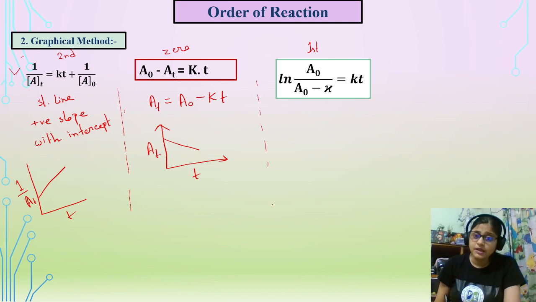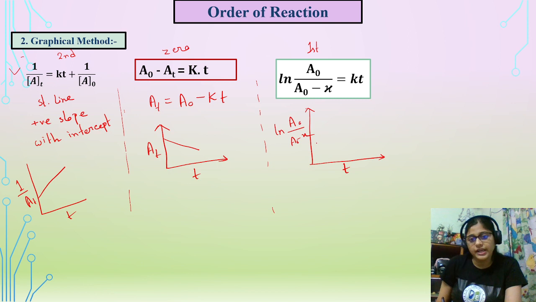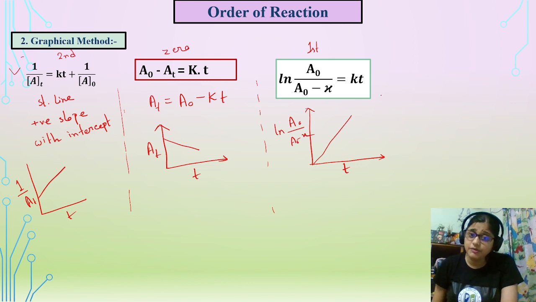Okay. Then for this one, if they are saying that they are plotting log or ln, ln a0 by a0 minus x versus t, and they are getting a straight line without any intercept, like it is from origin, then it will be first order.